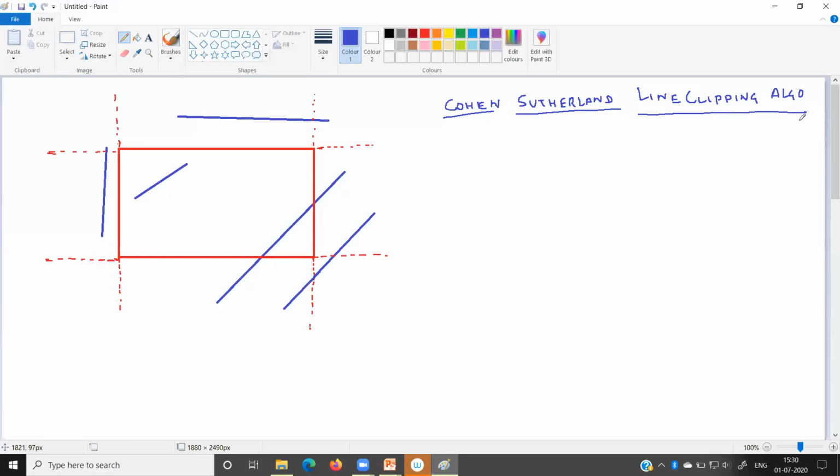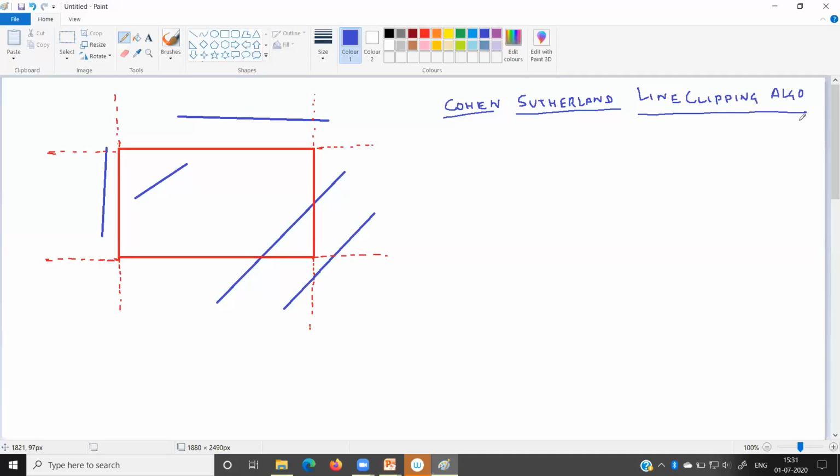So the algorithm will not deal with all the lines. At the beginning, using a simple logic, it will discard those lines, and then it deals with the lines which are inside the clip window and those line segments which are intersected by the clip window.